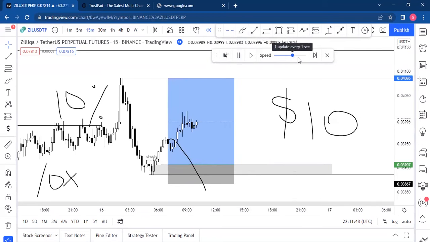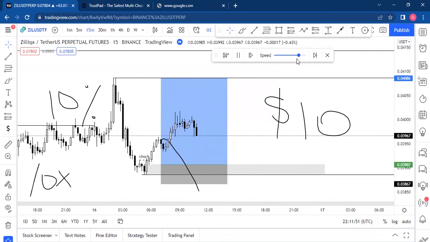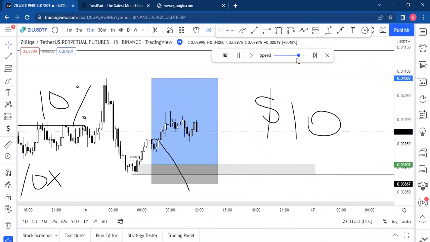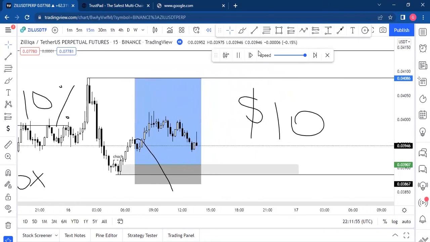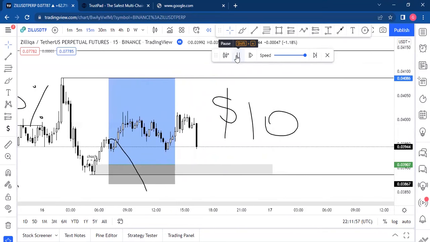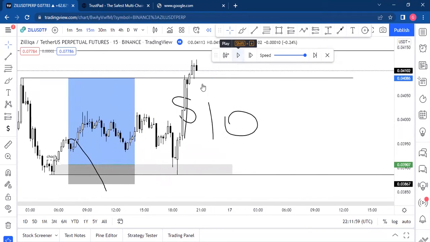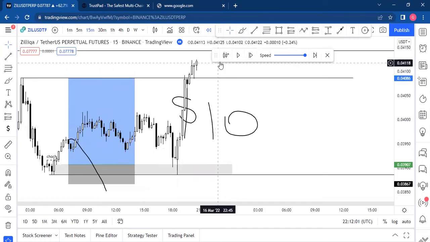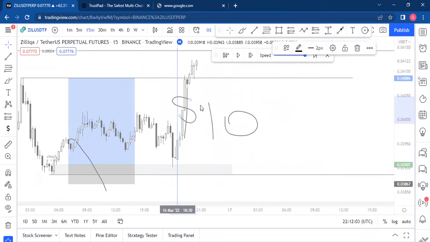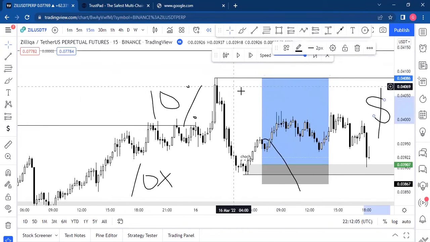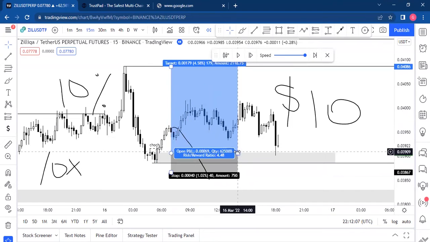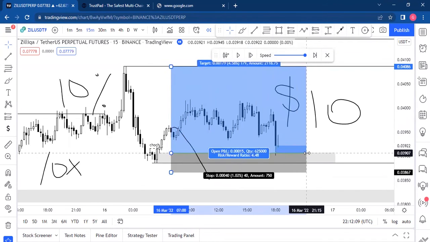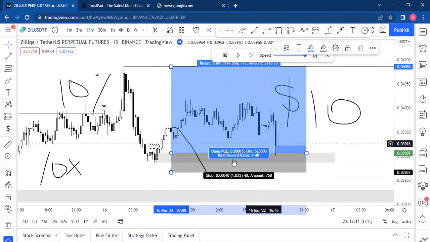Let me increase the speed. You can see the price eventually came back and filled your order.